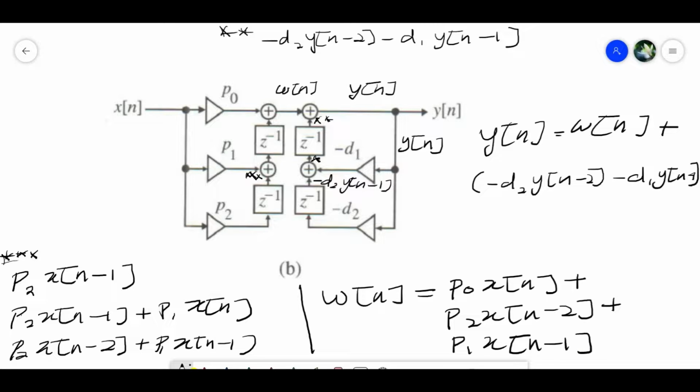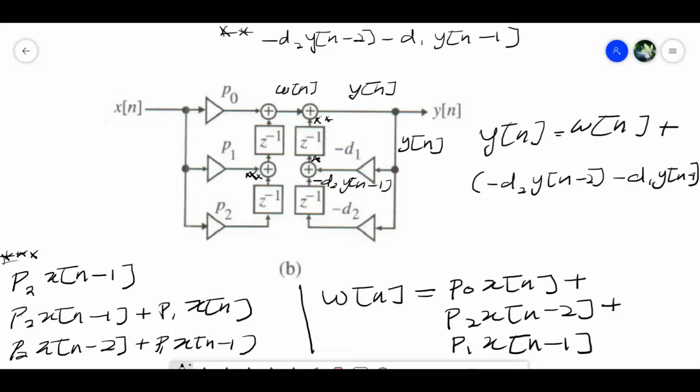So that is wn. You understand? Substitute this equation that we get into the equation for yn, and then you have your yn. So the key is that you need to see the output, and then where this signal comes from. So it's always at the summing junction. Look at the summing junction.